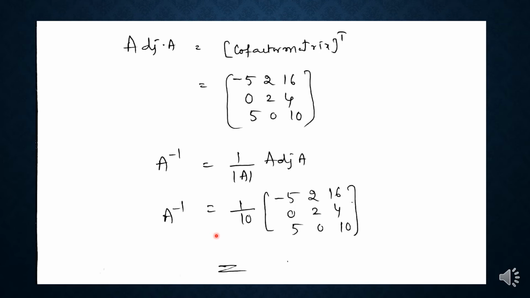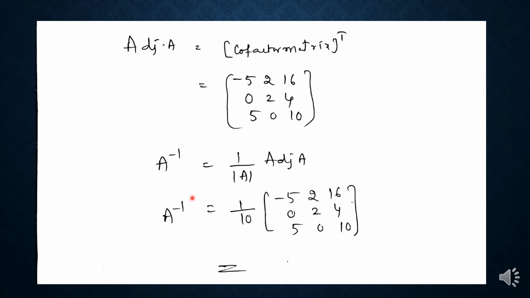If det A is equal to 0, there is no inverse for the given matrix. So the inverse does not exist. So here, we got that det A is equal to 10. So the given matrix A is a non-singular matrix.